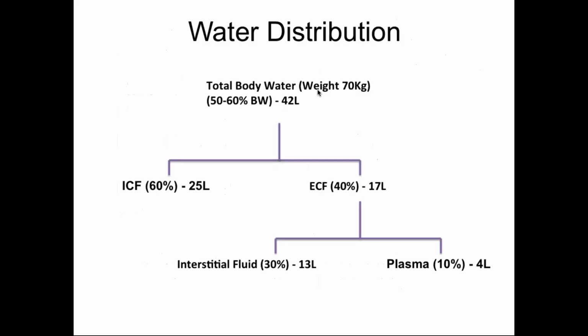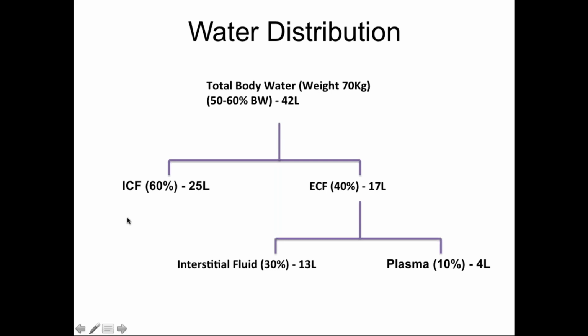Okay, so I'm going to now start with how water is distributed in the body. For a 70 kg person, about 42 liters, which is 50 to 60% of the body weight, is going to be water.